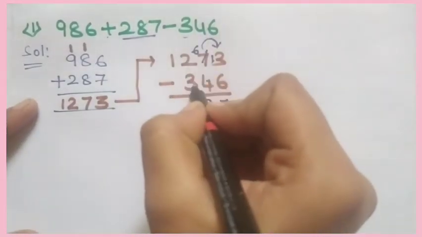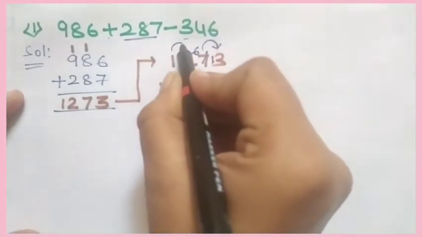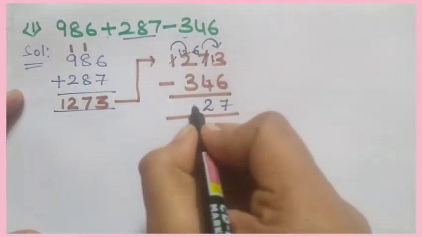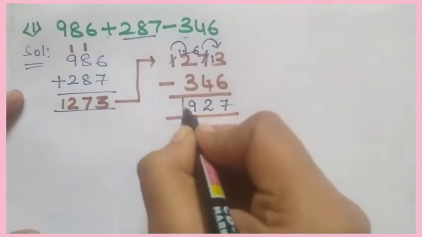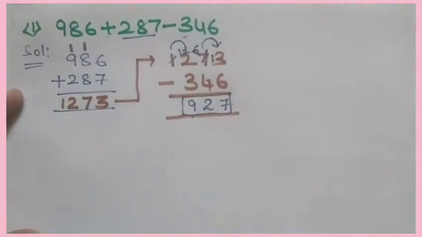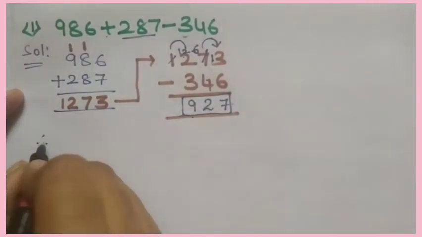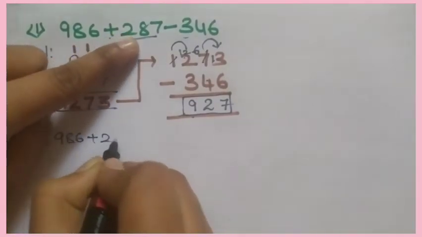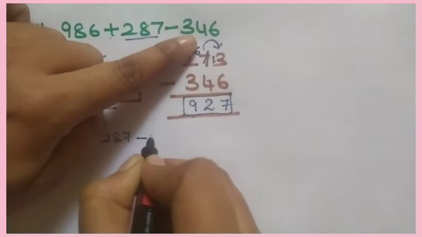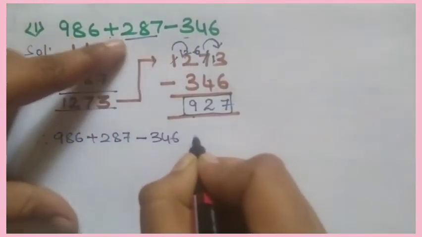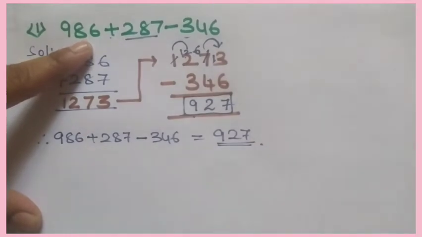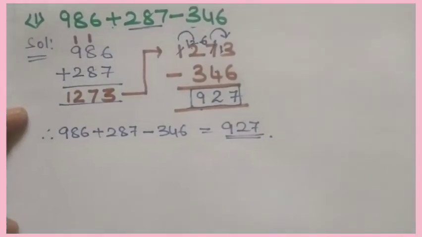Now from 2 we can subtract 3. No. So take borrow. It will be 12. 12 minus 3, 9. Therefore we got 927. Now therefore 986 plus 287 minus 346 equal to 927 is the answer. Okay, like this you have to do.